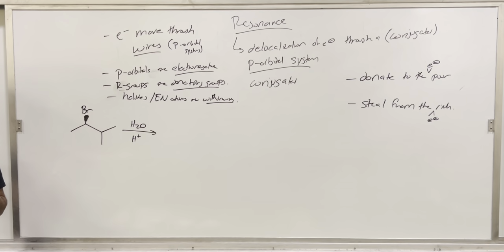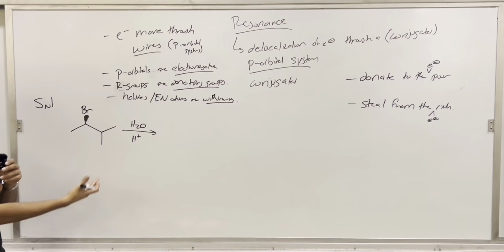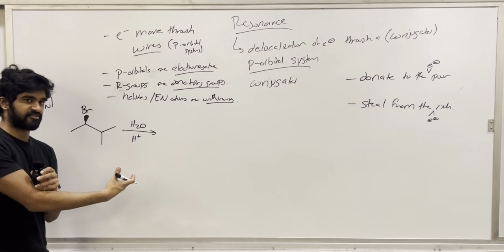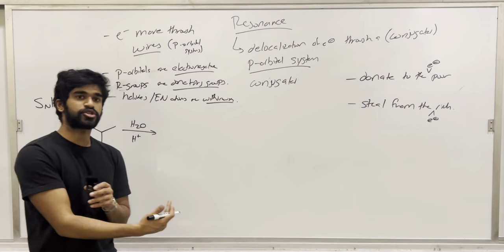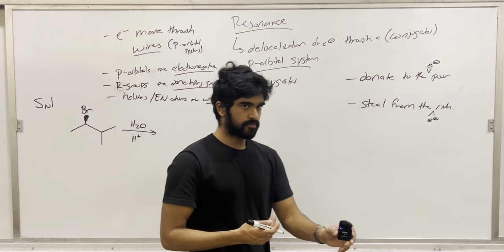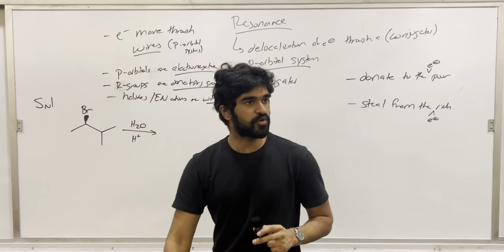It's an SN1 reaction, right? Why isn't it E1? Well, I didn't put a lot of heat in the flask. So at lower temperatures, SN1 predominates, and at higher temperatures, E1 predominates, right? So if we're going to get an SN1 reaction like that, let's take a look at what happens.